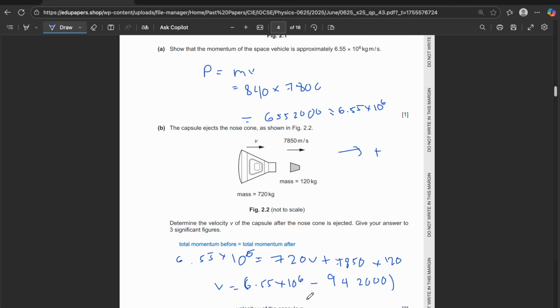This will be divided by 720. So if you put that in calculator, you will get 7,788.88 and so on. So you can take three significant figures. So 7790 meters per second.